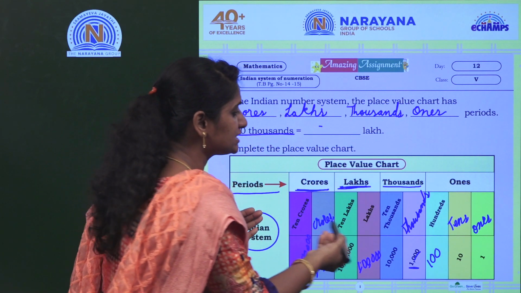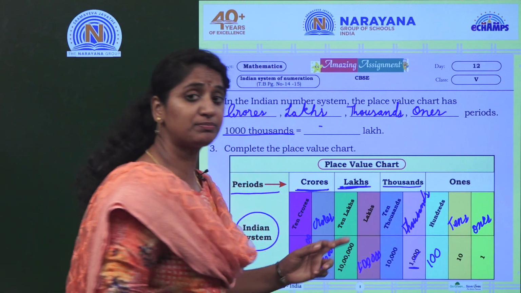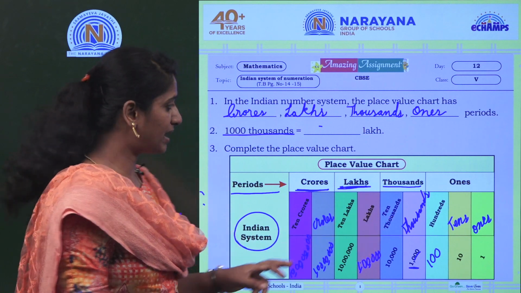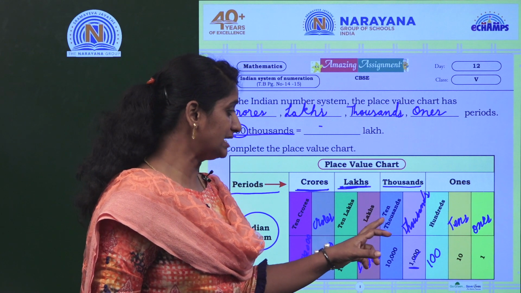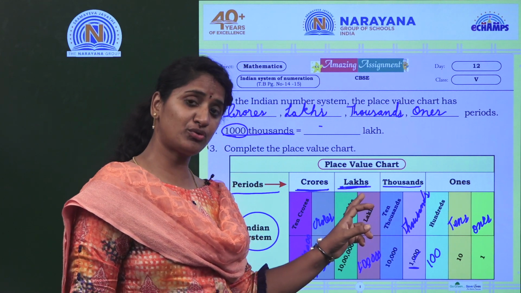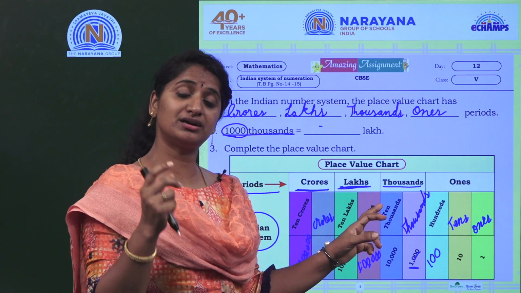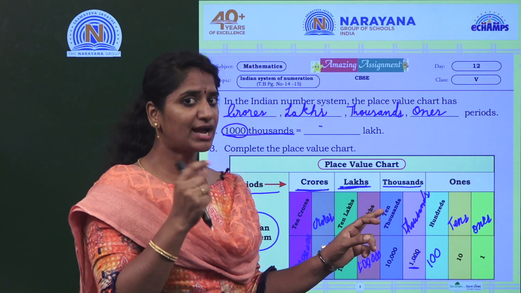In this place value chart, you can check here. This is in thousands period. How many places? Thousands and 10,000. But here they asked thousands. Here only 10,000. Then before what should be? 100,000s. Am I correct? So 10,000s after 100,000s, then 1,000.